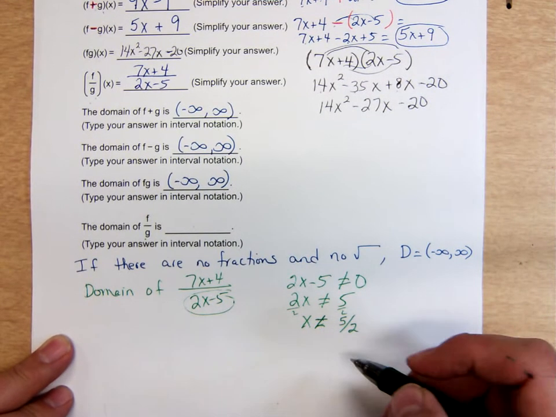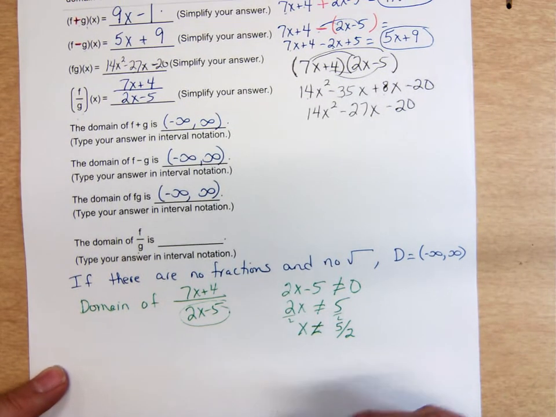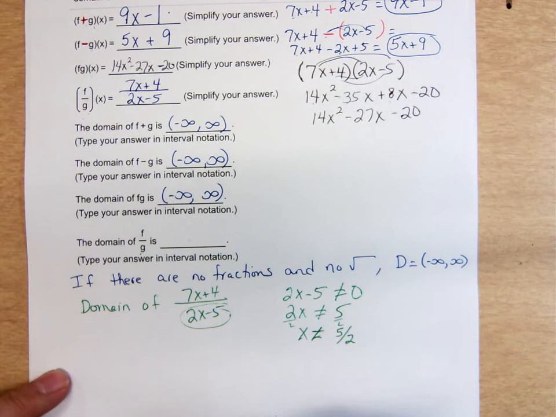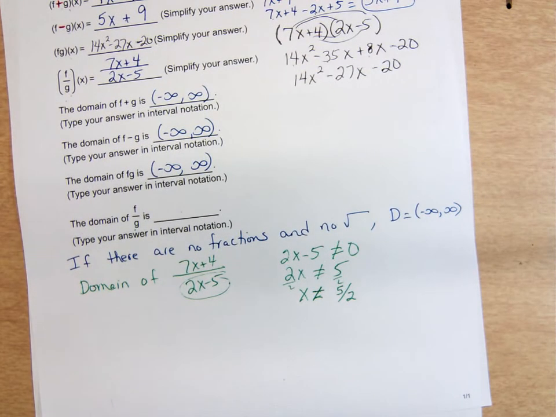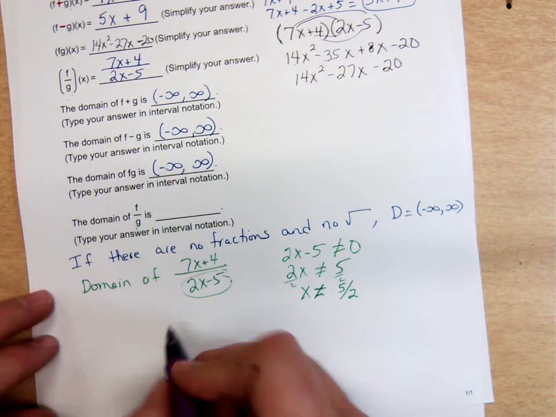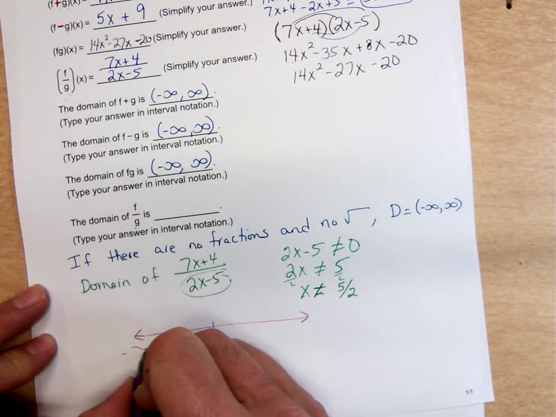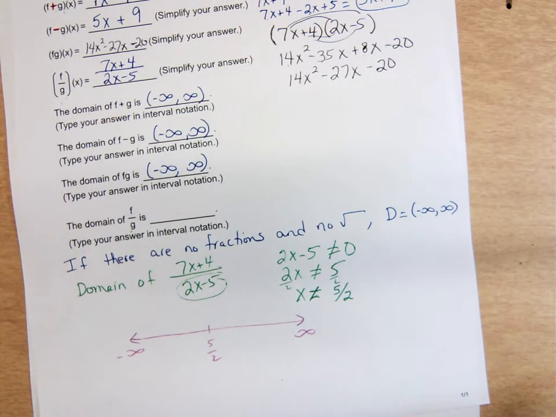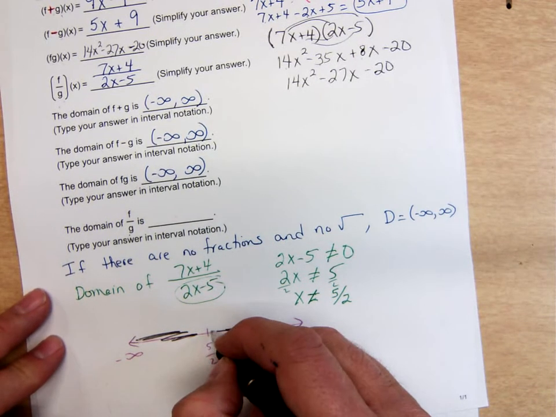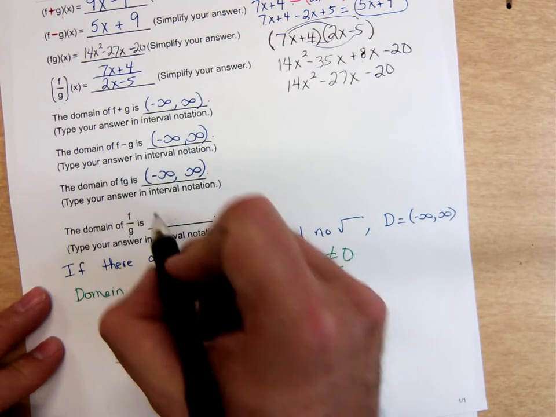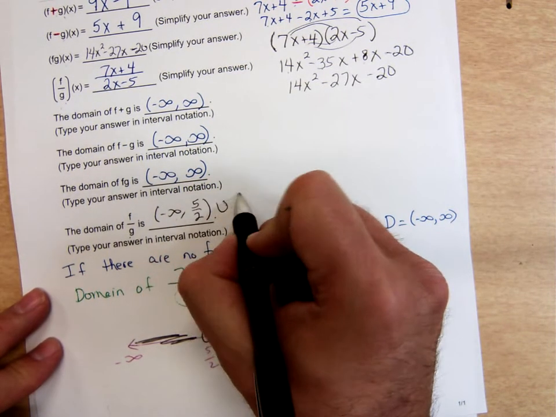And back in the olden days, we would write the domain as all real numbers except 5 over 2. Of course, we don't do that anymore. We write it out in interval notation. So how would we write out everything except 5 over 2? Well, if you can picture the number line, if you want everything except, that would be negative infinity to 5 over 2 union 5 over 2 to infinity.